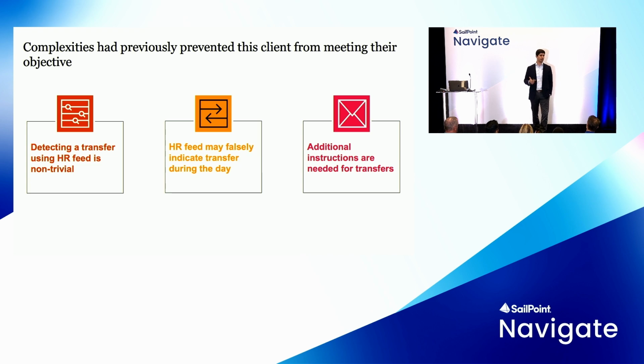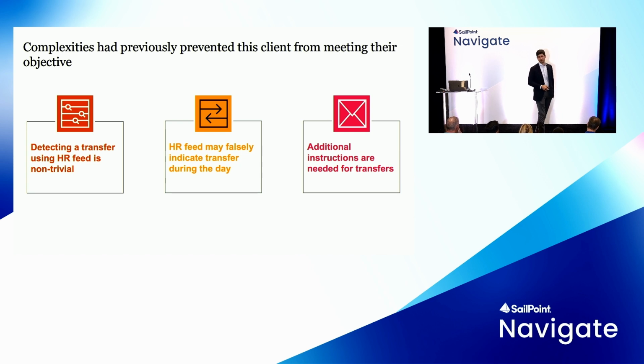So the manager, the department, and the title, right? So if only one of them changed, you would be triggering a bunch of false positive certifications. You'd be wasting people's time, all that. If you waited for all three to change, you wouldn't actually get all the transfers that happened. You'd be missing a bunch. And so any two of those three have to trigger, makes it that much more complicated. Workflows can solve for that.